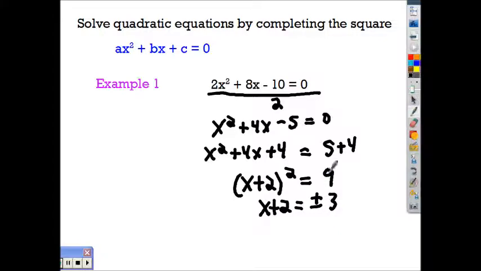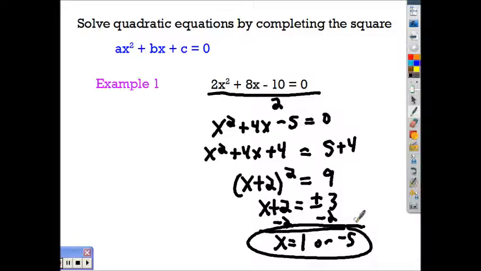Always remember to put that there right now. Now I'm going to subtract 2 from both sides and get x equals, well, 3 minus 2 equals 1, or negative 3 minus 2 equals negative 5. So I'm going to write my solution like this time, x equals 1 or negative 5.